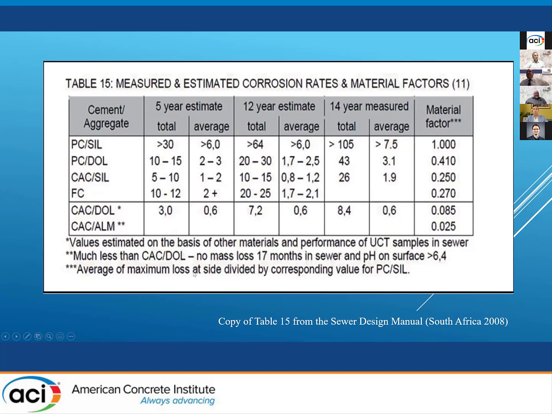And so, it's a useful document because at least it is based on quite considerable survey work and comes up with some indications as to how you can reduce your sacrificial layers with different kinds of use of materials, such as calcium aluminate.